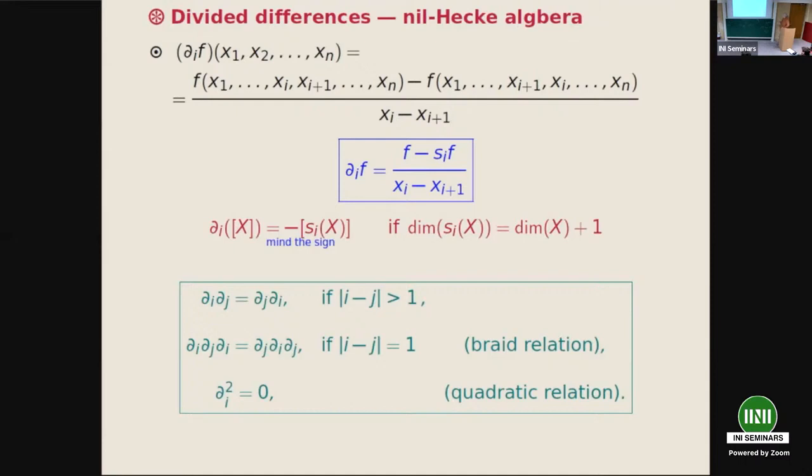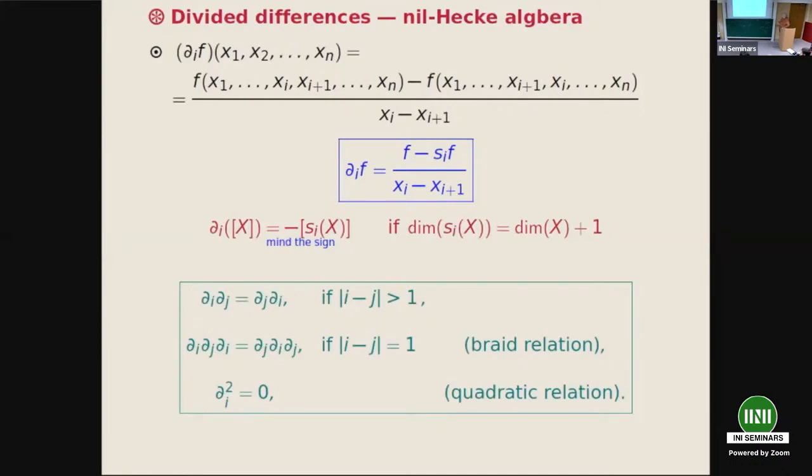So if you have some class of the orbit, and the action of one transposition enlarges the orbit, so its codimension drops by one, then having the fundamental class of X, you can apply this divided difference operator and you get the next class.